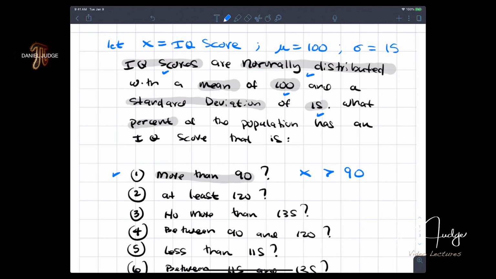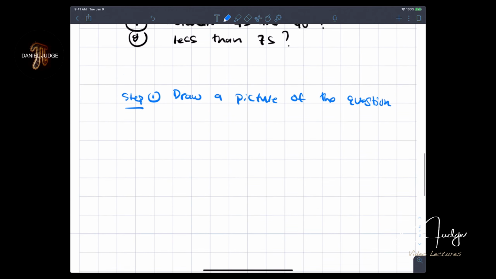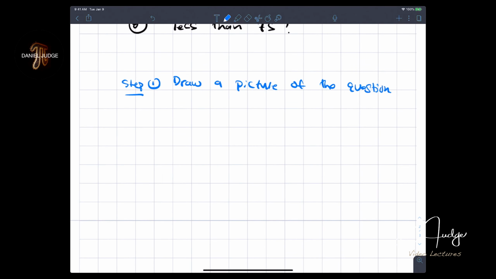Your IQ scores are greater than 90. That's what more than 90 means, right? If I said to you, how many of you guys in the room here are more than 90 years old, greater than 90, right? Bigger than 90. Now, that's not a picture of the question, though. But you have to know what the question is. So more than 90, here's the picture of the question. I'm going to try to do this.